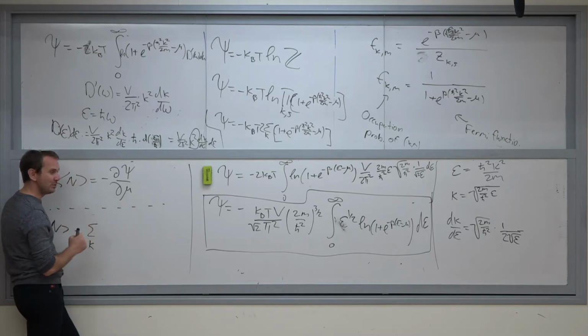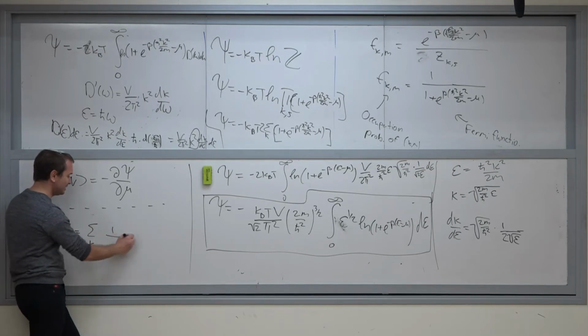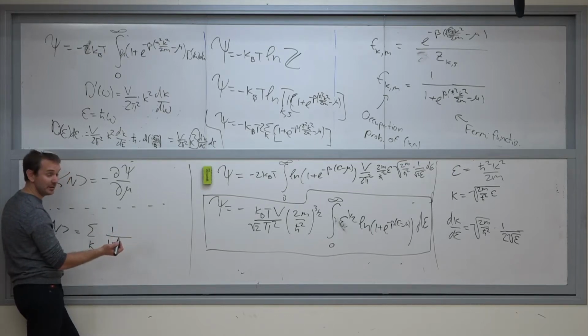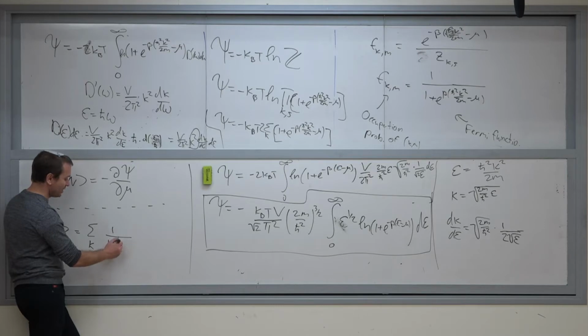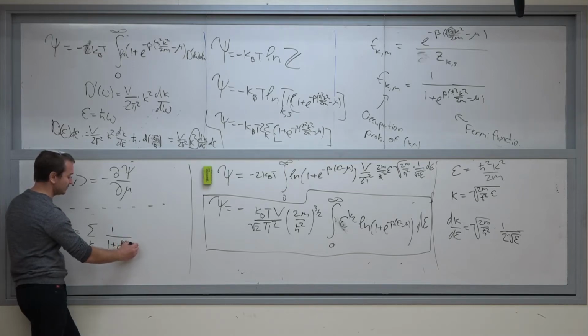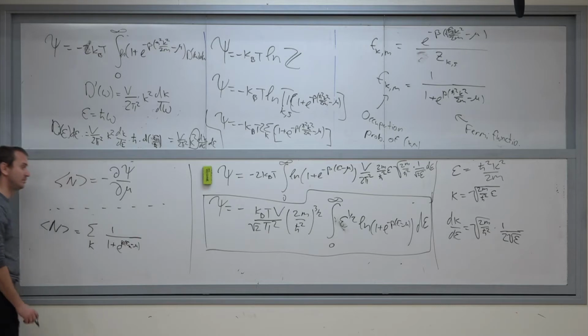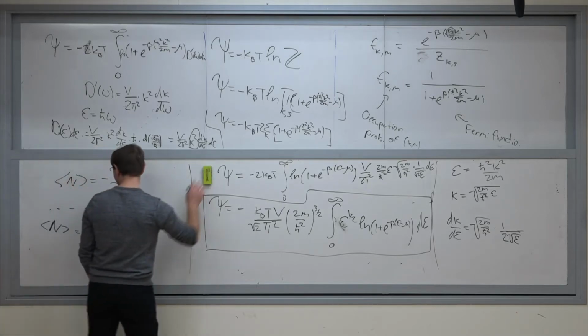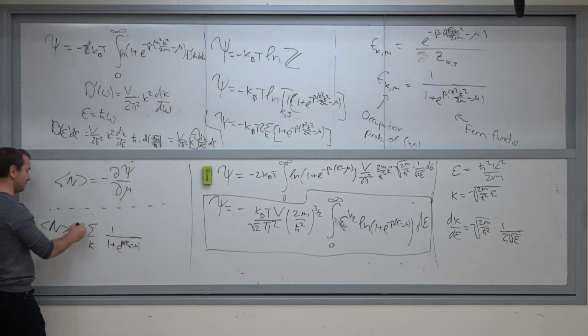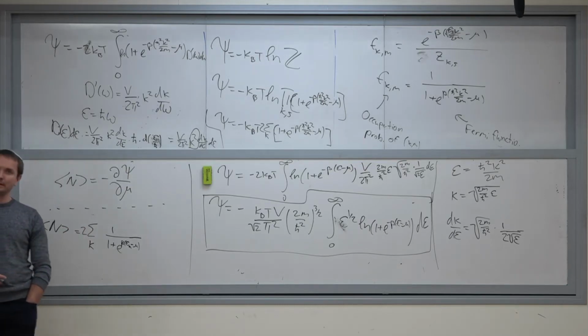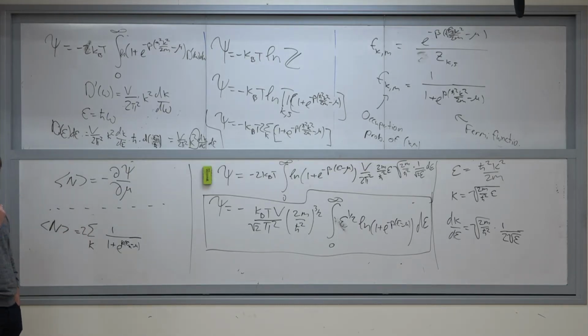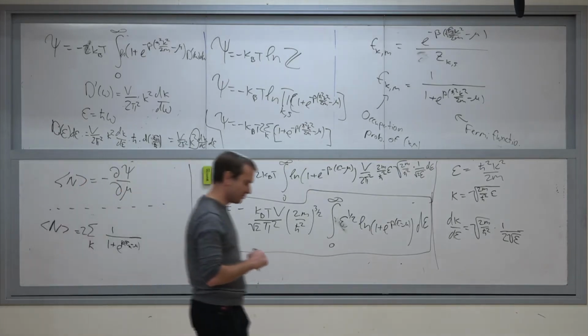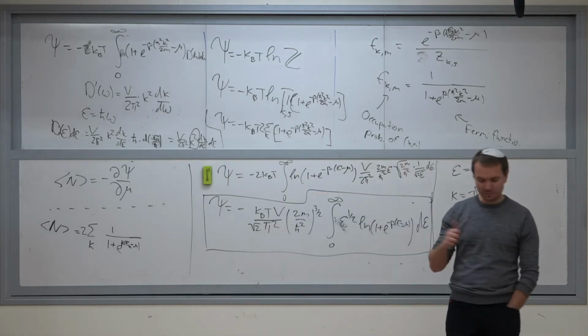Now, what is the probability of a specific state to be occupied? It's simply the Fermi function, right? So it's simply 1 over e to the power beta of epsilon k minus mu, plus 1. Now, all of these I have to multiply by 2. Why? Because there is a degeneracy of 2 per state, since it can be with spin up and spin down.